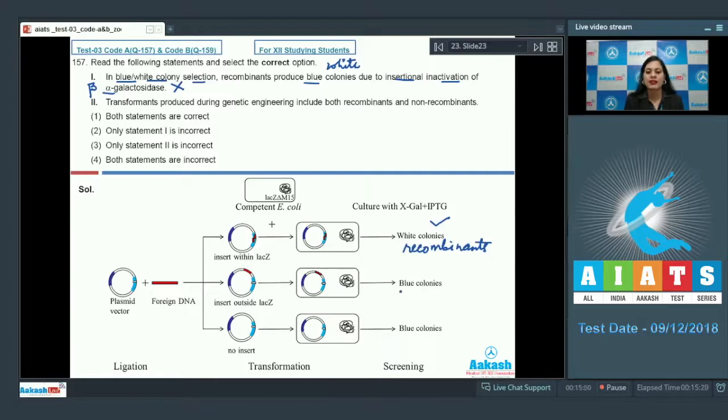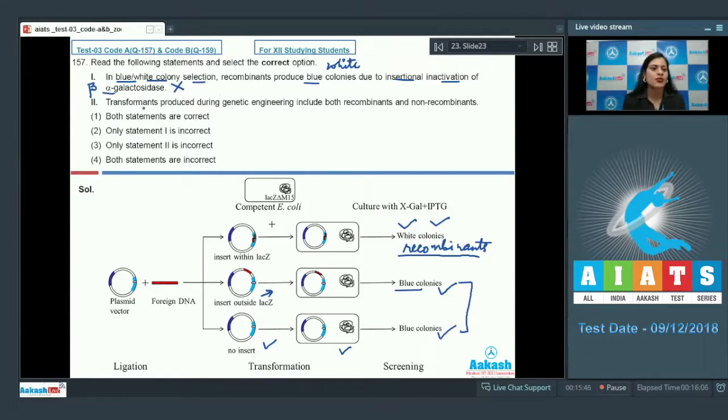On the other hand, as this recombinant doesn't lead to insertional inactivation of the LacZ gene, there would be production of blue colonies, and in this last case, as there is no insertion, there will be no formation of recombinants and this will produce blue colonies. This means recombinants will produce white colonies, non-recombinants will produce blue colonies, and the insertional inactivation will be at the site of beta-galactosidase rather than alpha-galactosidase.